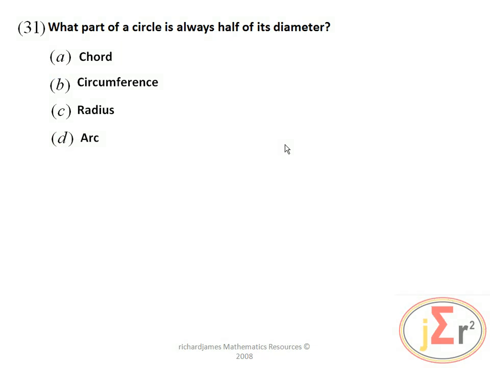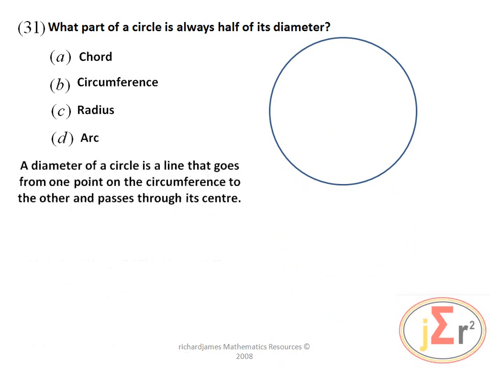What part of a circle is always half of its diameter? There is our circle. A diameter of a circle is a line that goes from one point on the circumference to another point on the circumference, and it also passes through the center.